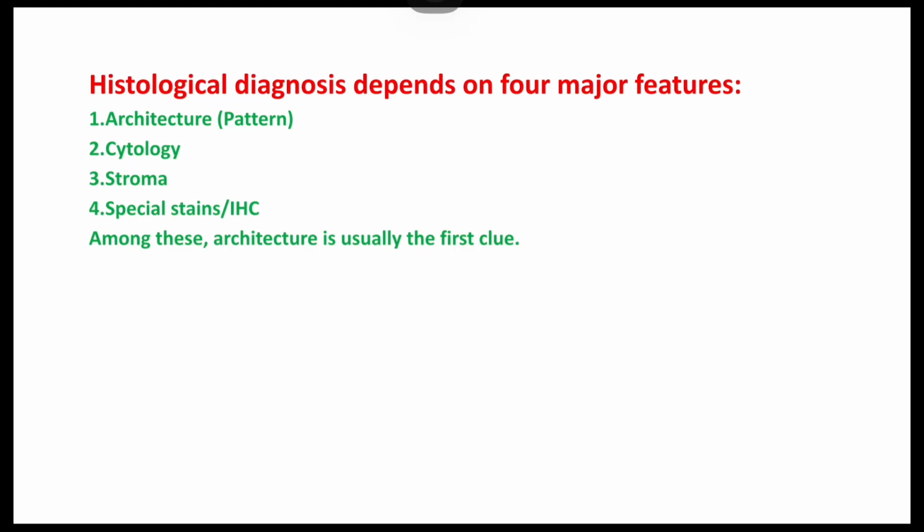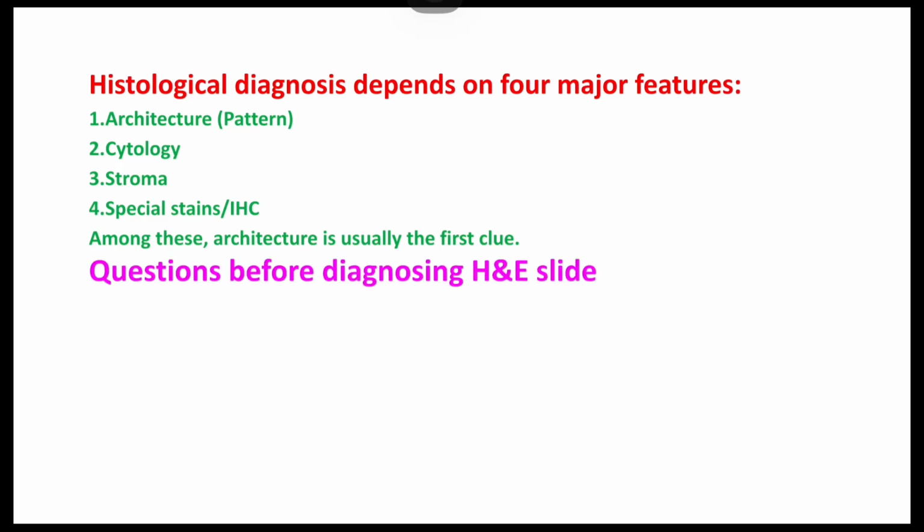So this entire series is designed to help all the students and residents master more than 100 classical histological patterns, one pattern at a time, with H&E slides, simple diagrams, memory tricks, etc. Whenever you see a slide, certain questions must be asked before diagnosing.